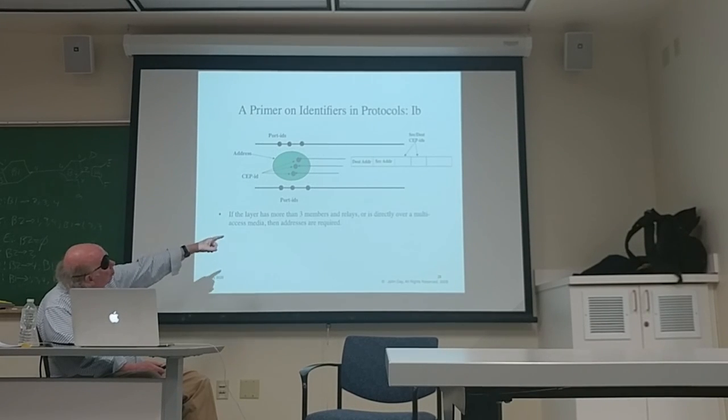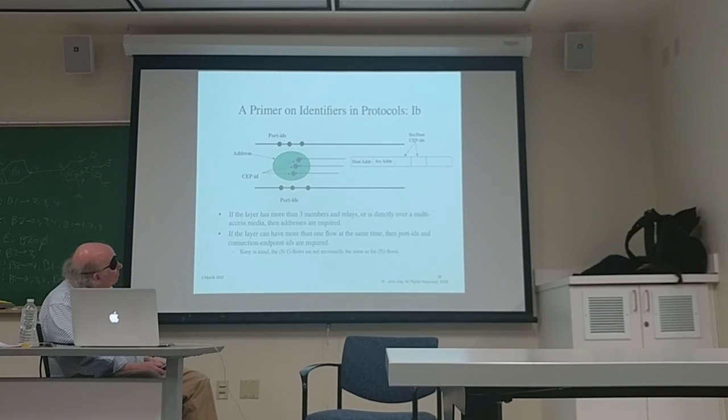If the layer has more than 3 members and relays, or is directly over a multi-access media, then addresses are required. If the layer can have more than one flow at the same time, then port IDs and connection endpoint IDs are required.